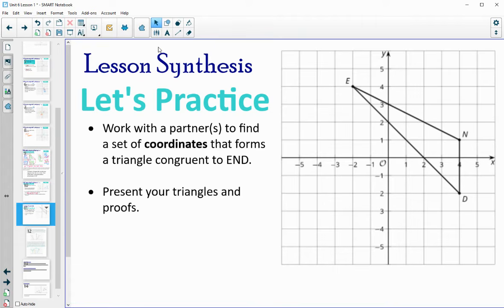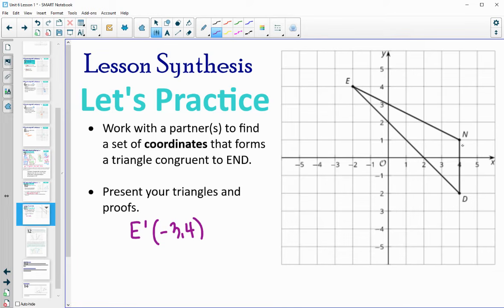So obviously there are going to be multiple different answers here. So you could be just kind of looking at this and mentally moving each point over if you do any type of translation. So if you're thinking, all right, this E is -2, 4. If I moved it over 1, then E prime would be -3, 4. So I'm moving it to the left 1.